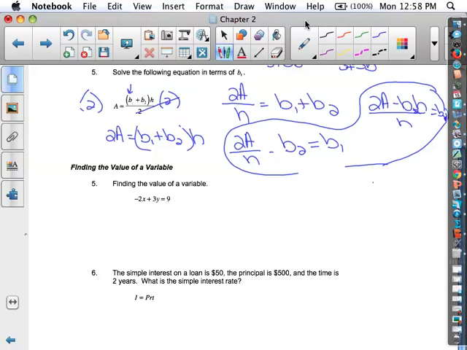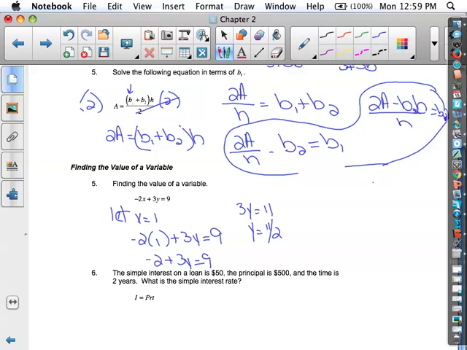So for example, when I let x equal 1 here, I have minus 2 times 1 plus 3y equals 9. So negative 2 plus 3y equals 9. And when I add the 2, I get 3y equals 11. So y is equal to 11 halves.